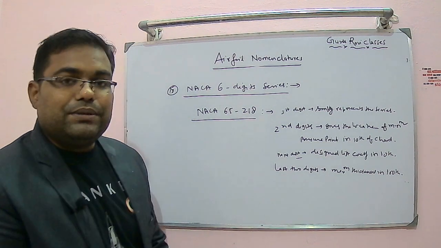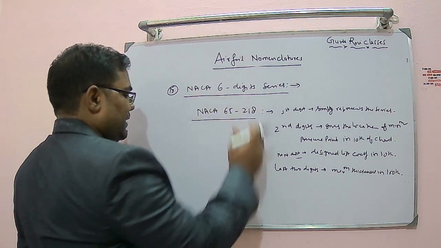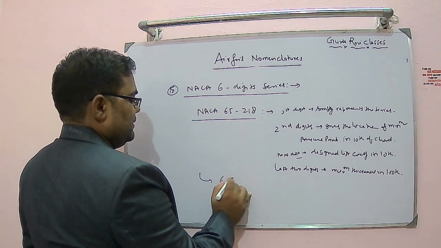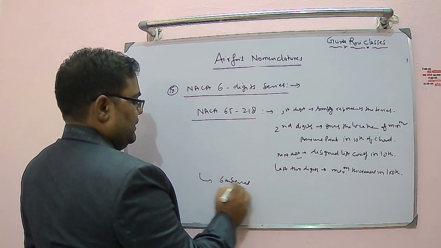So I can say 18%. So for the given NACA 65218, I can say this is the 6 series, right?